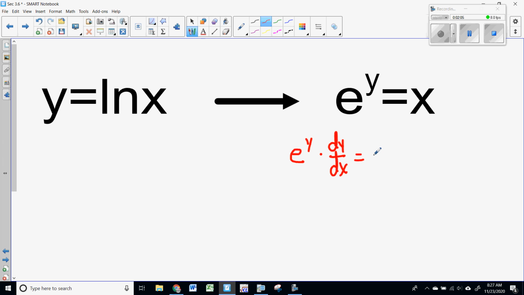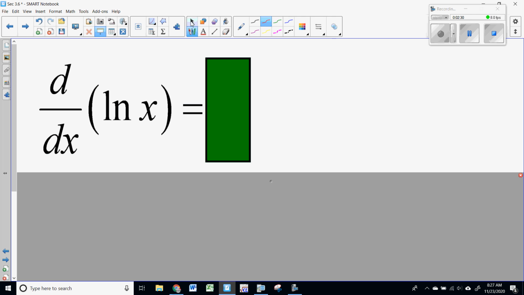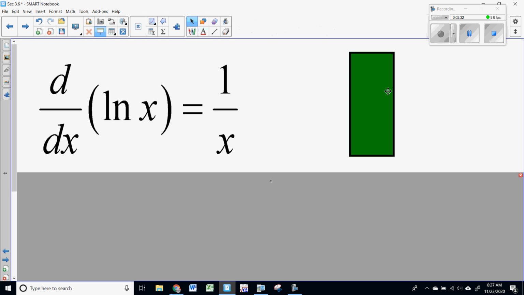Our derivative of x is 1. Now we divide and we get dy dx is equal to 1 over e to the y. But from up top, we know that e to the y is equal to x, so our derivative is 1 over x. So the derivative of natural log is 1 over x.